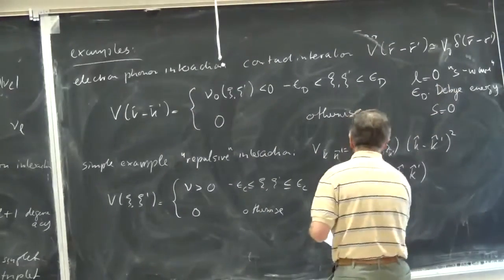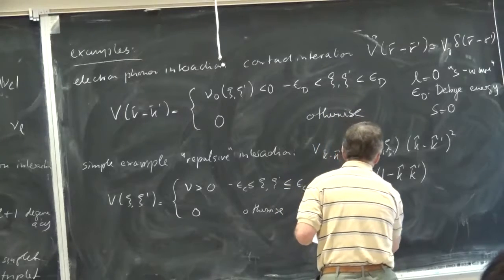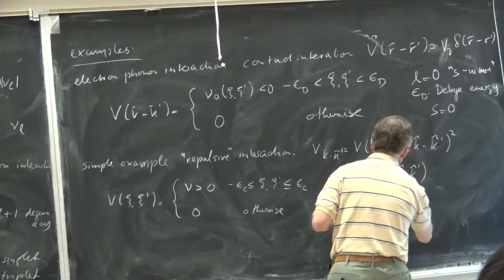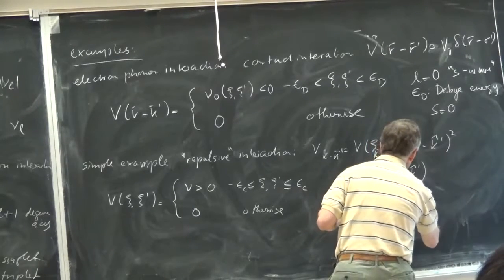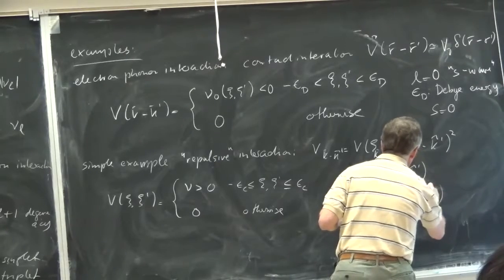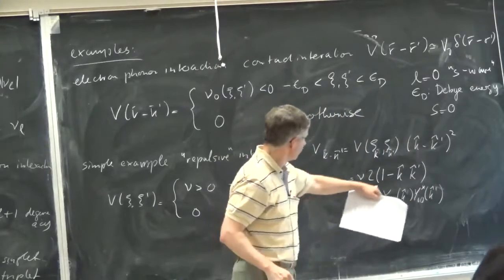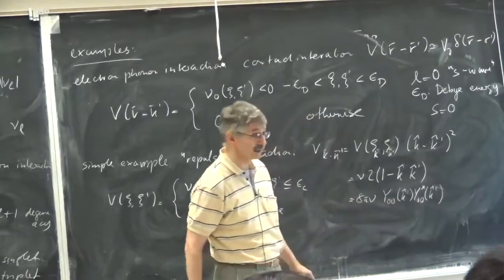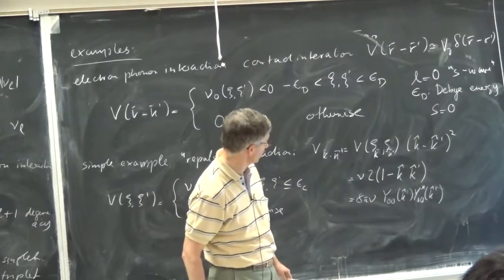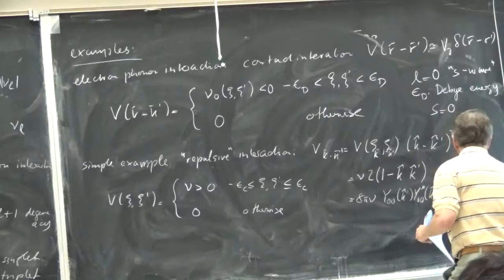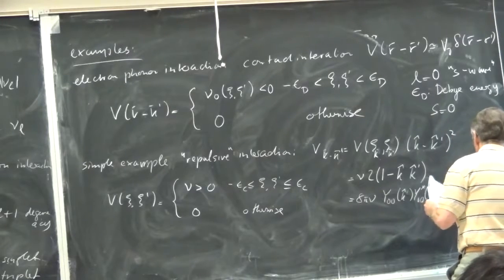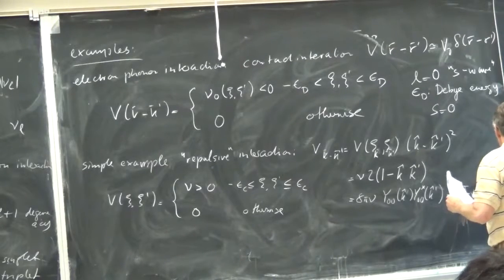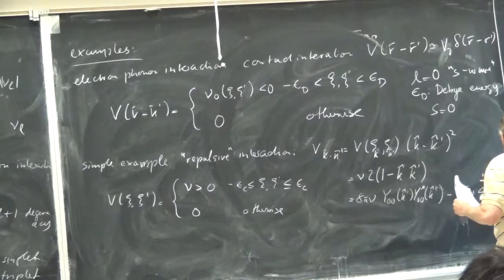But now I can rewrite this with 8 pi nu, and I can expand it in spherical harmonics. So the first term, 2 times 1, can be expanded in the L equals 0 spherical harmonics. And the second one is expanded in L equals 1 spherical harmonics.